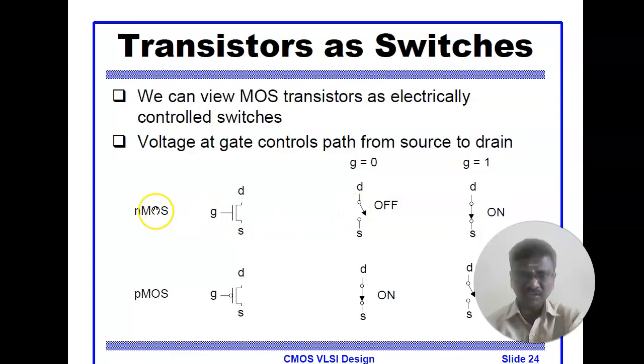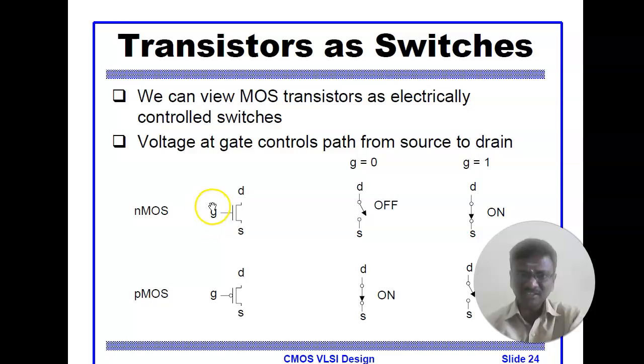When the gate input is equal to 1, the transistor acts as a closed switch, that is, in on condition. Similarly, in a PMOS transistor, when the gate is equal to 0, the transistor is in on condition, that is, the switch is closed. When the gate is equal to 1, the switch is in off condition or open condition, right? So the PMOS and NMOS are opposite to each other.